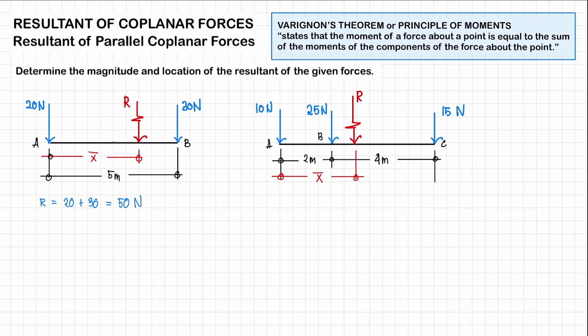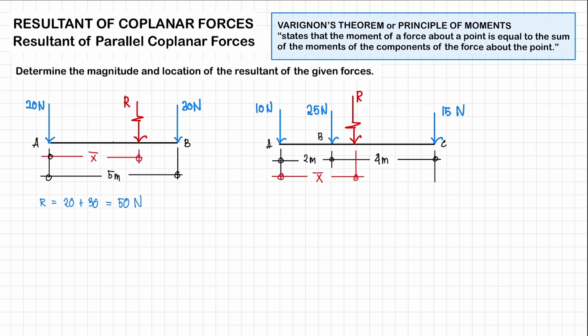Now, for us to be able to solve for the location of our resultant, let's name that bar X. What we're going to do is apply Varignon's theorem, or the principle of moments. This states that the moment of a force about a certain point is equal to the sum of the moments of the components of the force about the point.